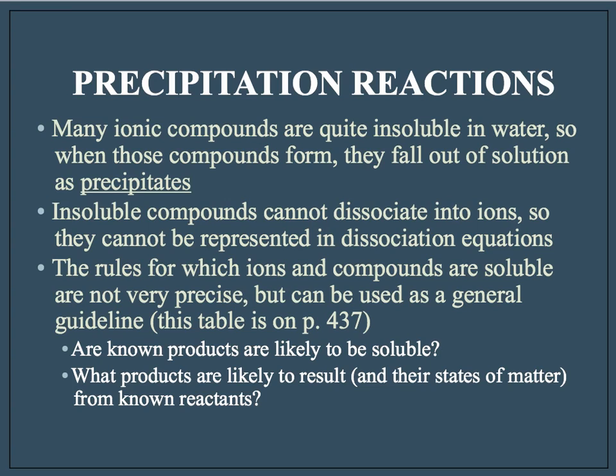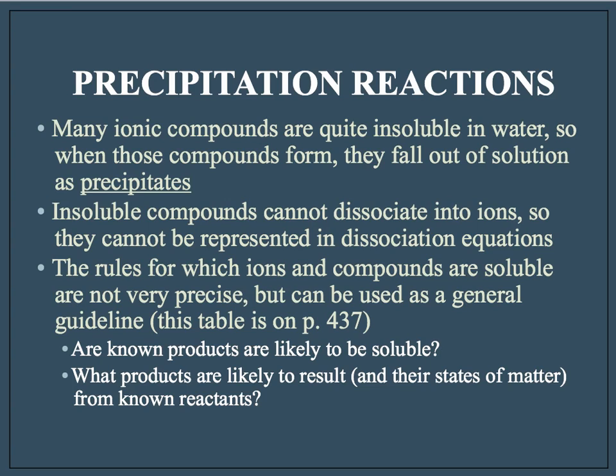When we represent this process, when we look at the movement of ions or the combining of ions within a chemical reaction, we can't represent the ions that don't dissociate. If they are insoluble, then they are bound or combined with some other ion.